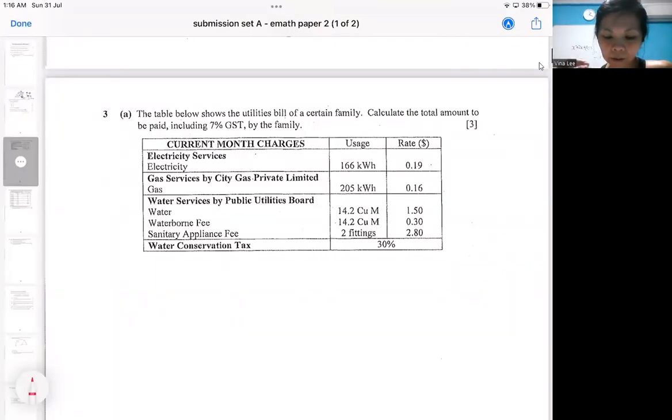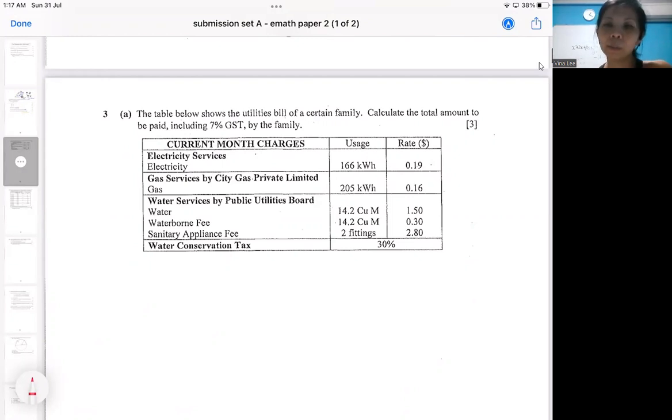So for this question, the electricity, the utility bill question, usually a lot of people will get it wrong because of the water conservation tax. Sometimes we don't know where to apply the water conservation tax. This tax is applied on the amount of water used.